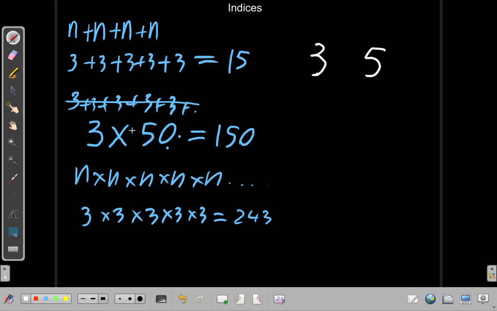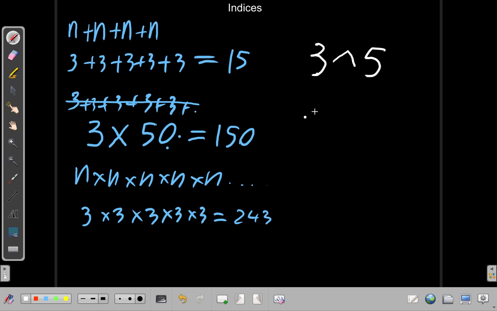In the case that we did earlier, the symbol looked somewhat like an X. It's multiplication for repeated addition, but how do you show repeated multiplication now? One way is to do this. It is called caret, right? That symbol there, it means 3, the repeated multiplication, and you have 5 of them.